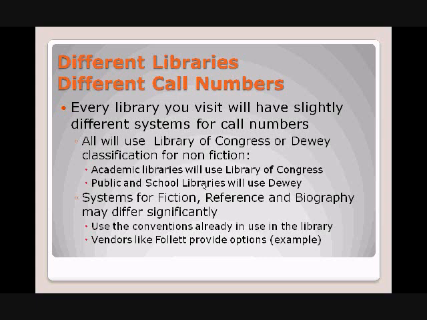Academic libraries typically use Library of Congress. Public and school libraries typically use Dewey. And so for fiction, reference, and biography, there may be some differences. Typically, you use the conventions that have already been used in the library.